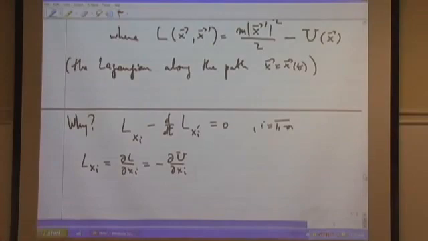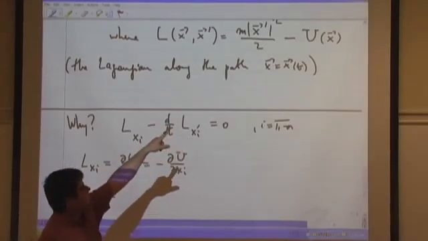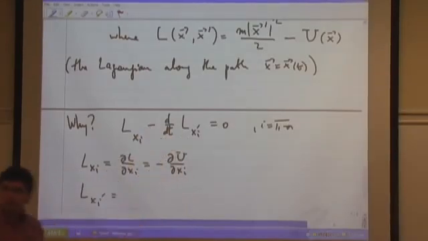Those are totally independent variables. And L_xi prime also will have to be differentiated with respect to t. But before differentiating, what's the derivative with respect to, say, x1 prime? Well, there's no x1 prime in the second part of the Lagrangian, the potential. But it is in the first part.